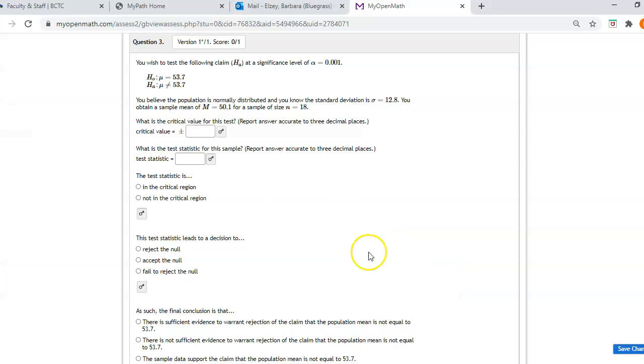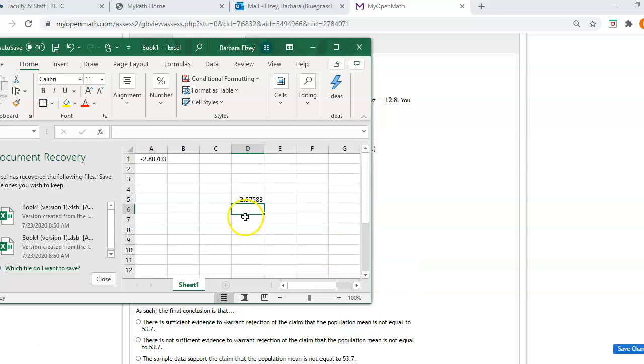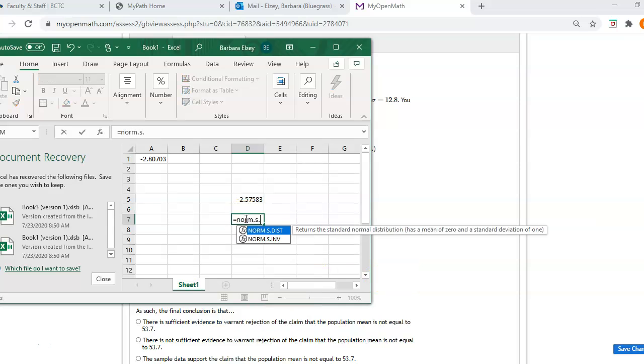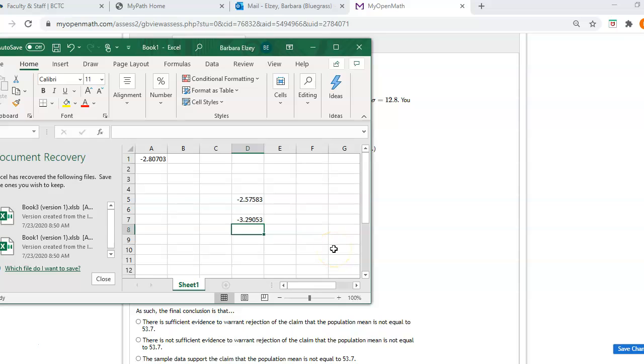We take the 0.001 in this case and divide it by 2, and we get 0.0005. If we put 0.0005 in here, equal NORM.S.INV 0.0005, we get a critical value of negative 3.291.